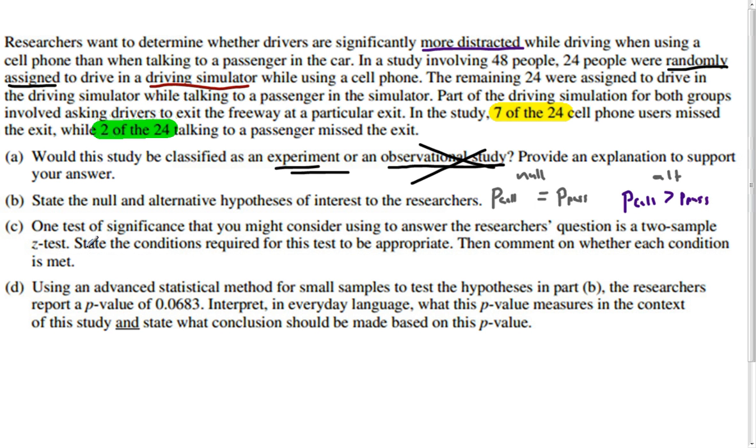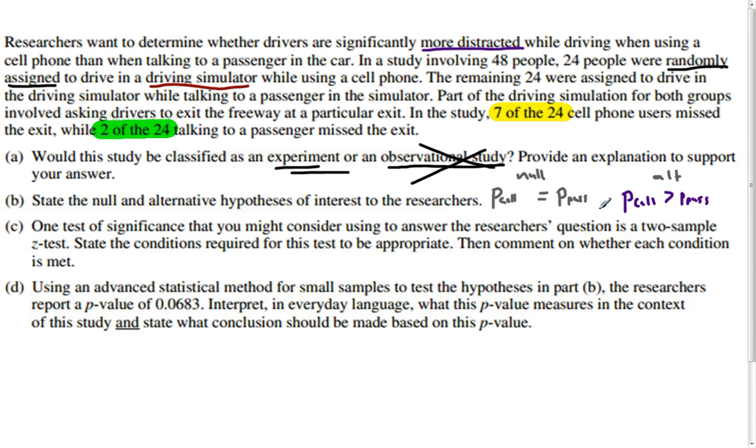Part C, one test of significance would be a two-sample z-test, and in this case it's actually referring to two proportion z-tests. So the two-prop z-test in your calculator. State the conditions required for this test to be appropriate, and then comment on whether each condition is met. So it doesn't say to run the test, just talk about the conditions.